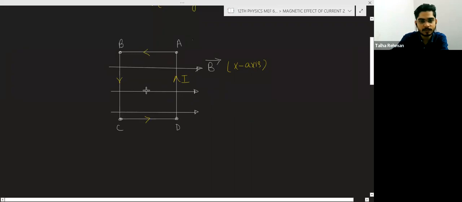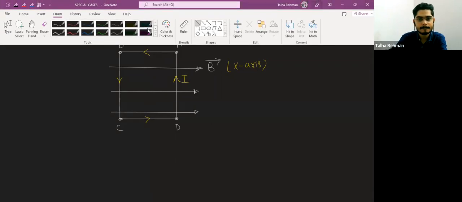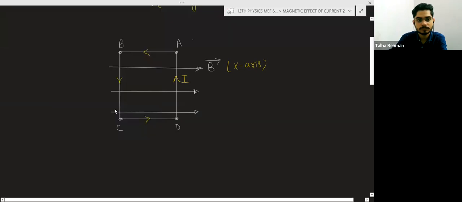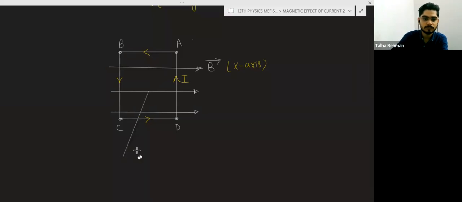Your magnetic moment will be like this, direction of the magnetic moment, and this magnetic moment is perpendicular to the magnetic field.